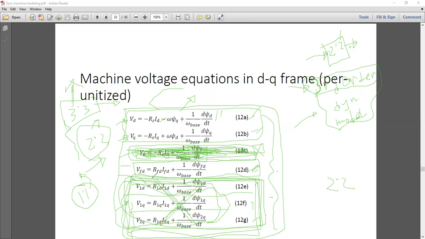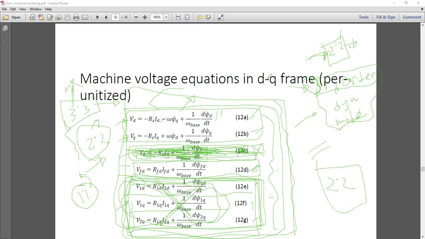That means with our model, we are not going to see the effects of the damper coil dynamics. That is not possible with our model. So this is one of the limitations of the model that we are going to use in this course. But you know that 2.2 you have already developed. This is 2.2, all these 12A to 12G without 12C. This is your model 2.2.